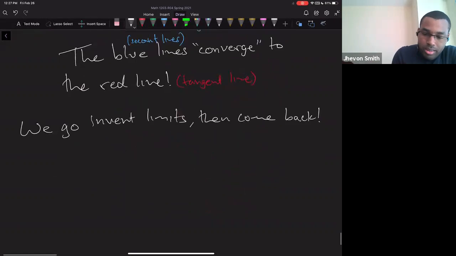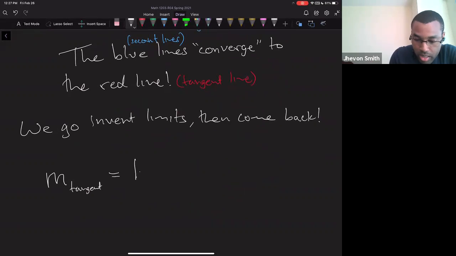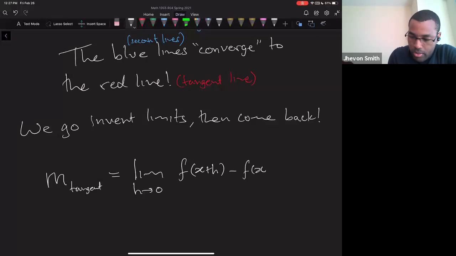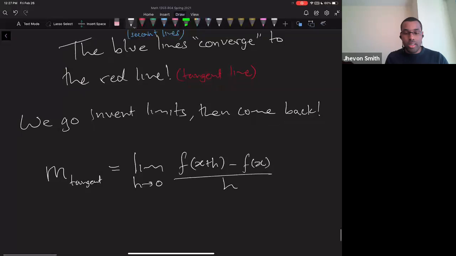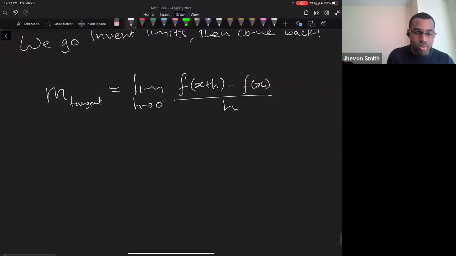And ultimately, this is what happens. The slope of the tangent line is going to be a limit, as I let the distance between these points go to 0, of the difference quotient. This limit is super important. It solves the rate problem.